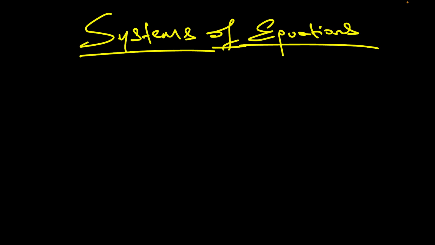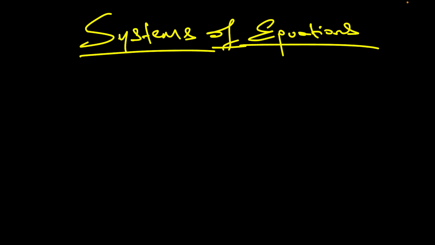So we're now looking at what's known as systems of equations, or some people will call it simultaneous equations. Same difference really, depending on the country that you're in. Now, all this is a setup of two or more equations with the same variables, and we basically need to solve for whatever the variables are.